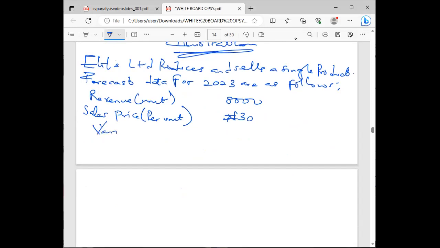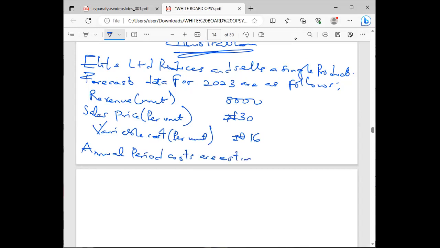We have variable costs per unit to be 16 naira. Annual period cost is estimated at 50,000 naira.